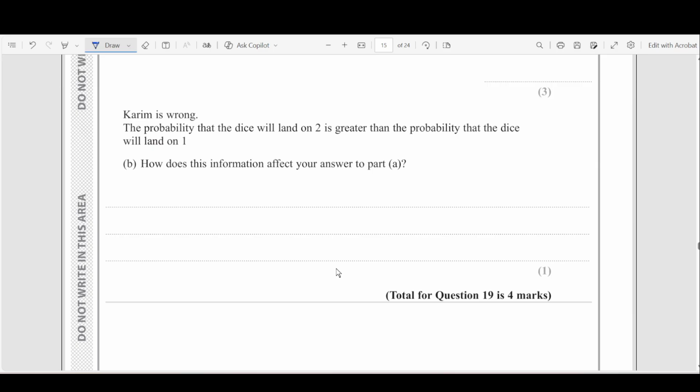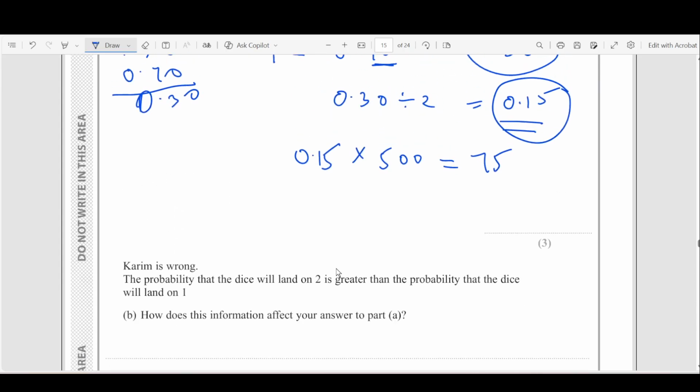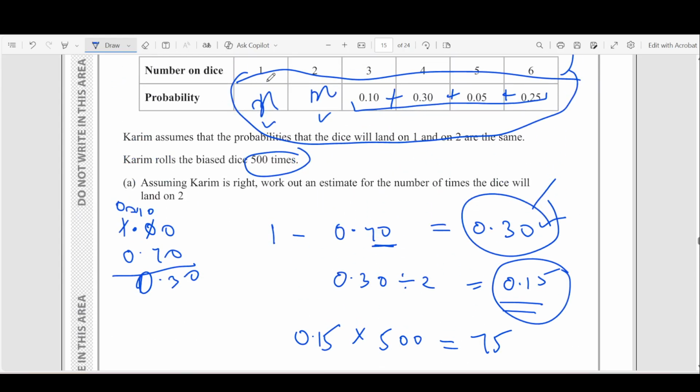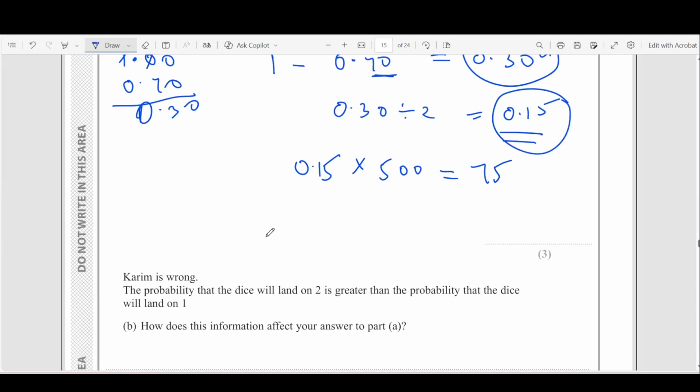Okay, this is the next question. It says Karim is wrong. The probability that the dice will land on 2 is greater than the probability of the other. How does this affect your answer? If you notice the answer, for both of them we got the same probability, right?